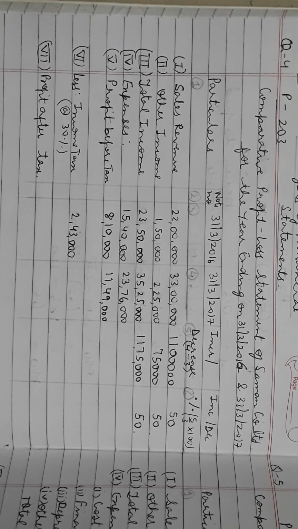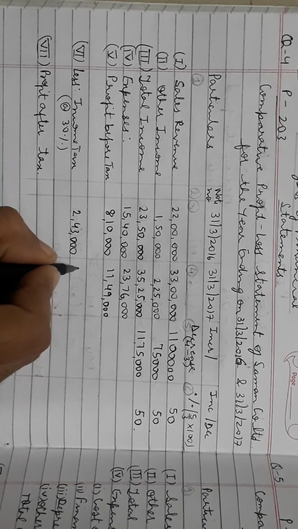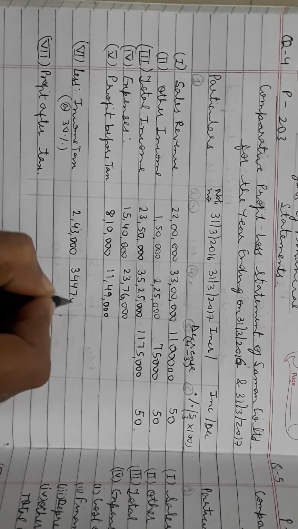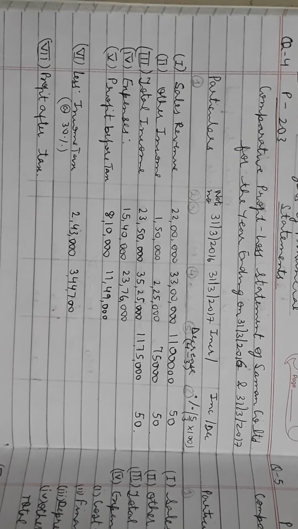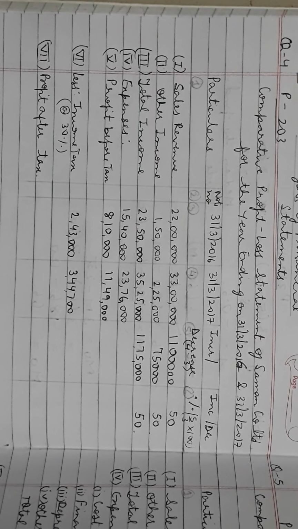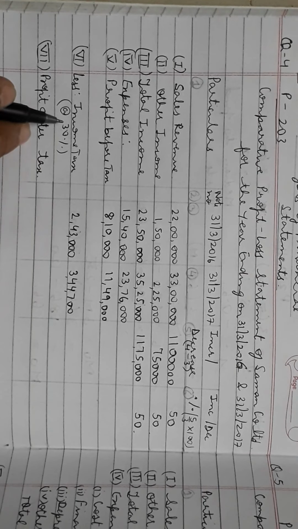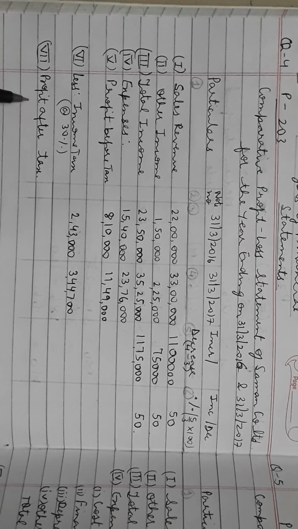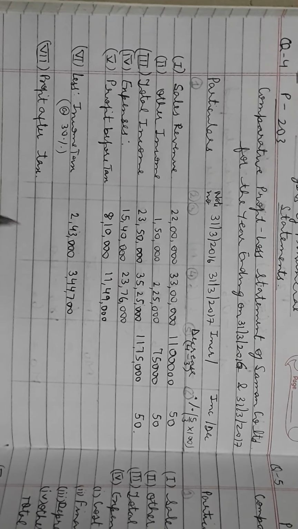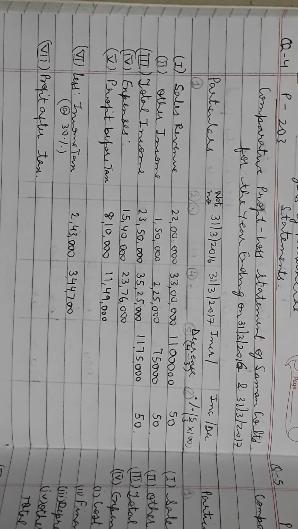Similarly for 2017, 11 lakh 49,000 into 30%, so we have got 3 lakh 44,700. Income tax we have to deduct from profit before tax, so we will get profit after tax: 8 lakh 10,000 minus 2 lakh 43,000.